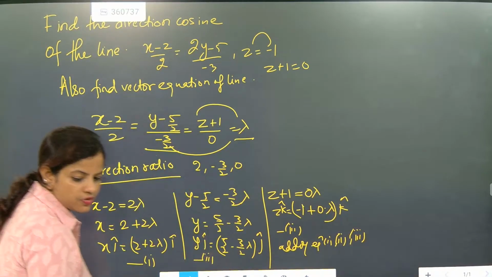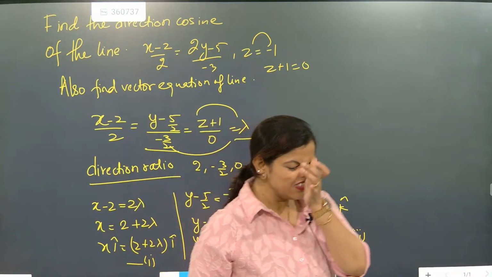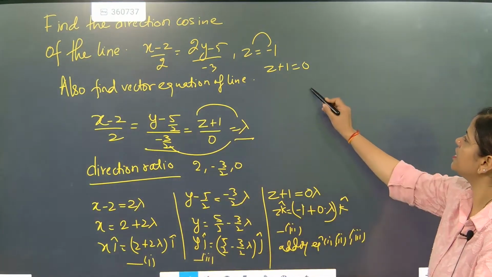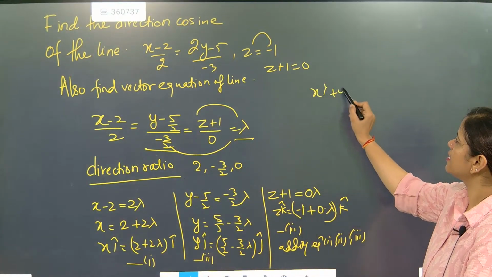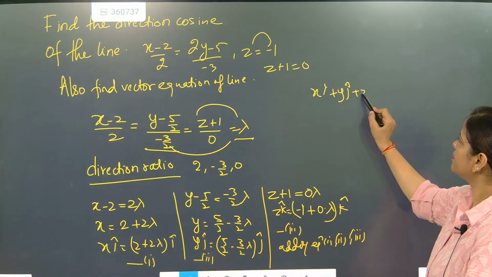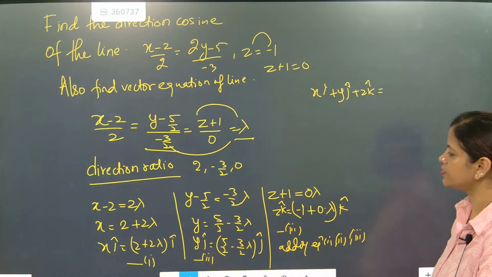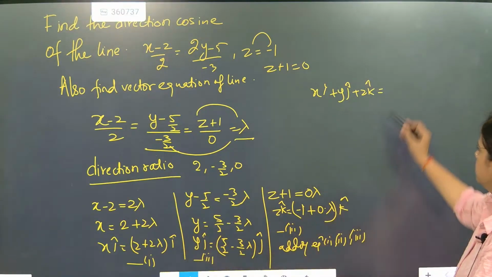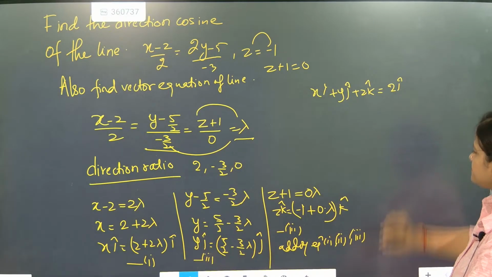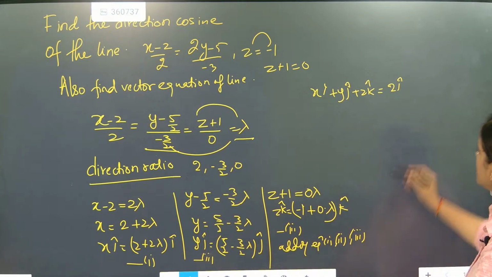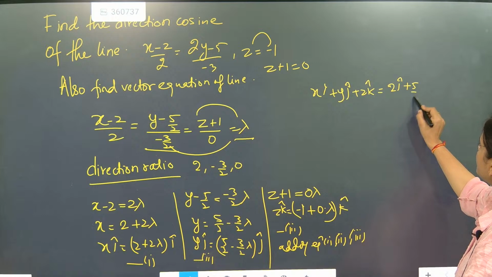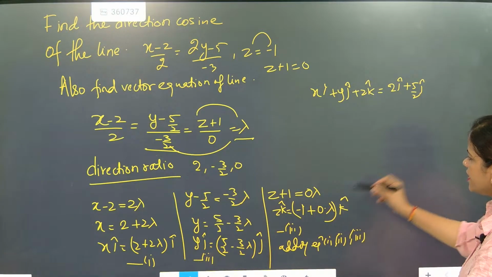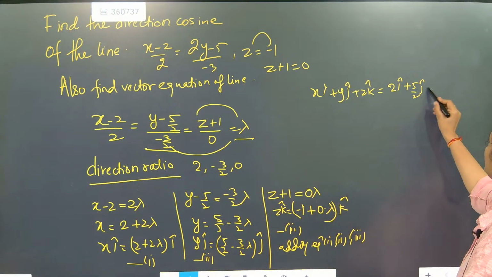So you add equation 1, 2 and 3. What we are going to get when we are adding equations 1, 2, 3 is xi plus yj plus zk equal to this part. It will become 2i, lambda part is separate, plus 5 by 2 j, and then here this part is coming as minus k.